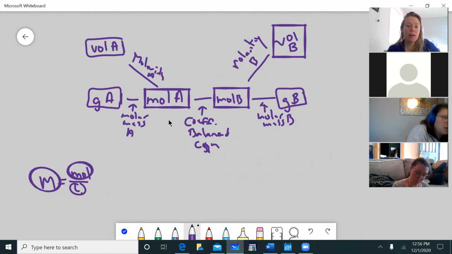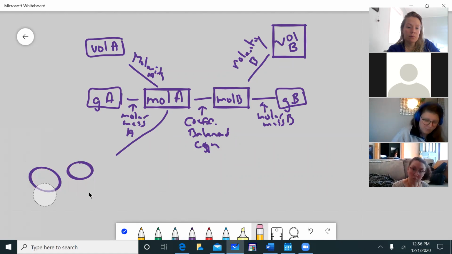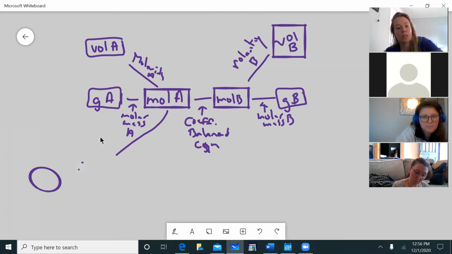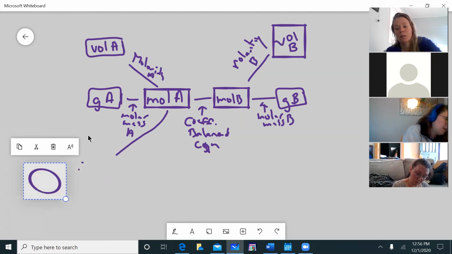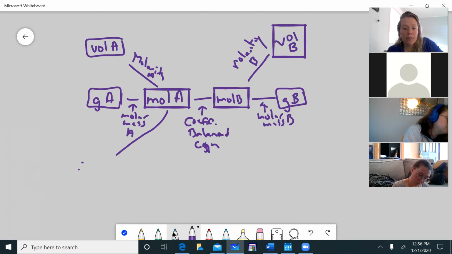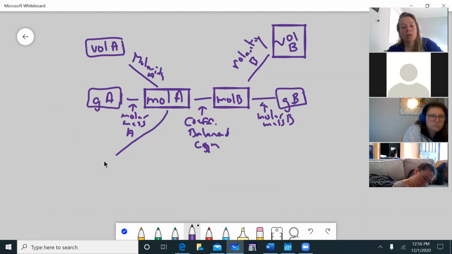I can actually add another limb here. I'm going to stick it down this way. And in this lower left-hand corner, I'm going to put molarity of A. So maybe instead of being given the volume, I'm going to be given the molarity, and I want to figure out moles.